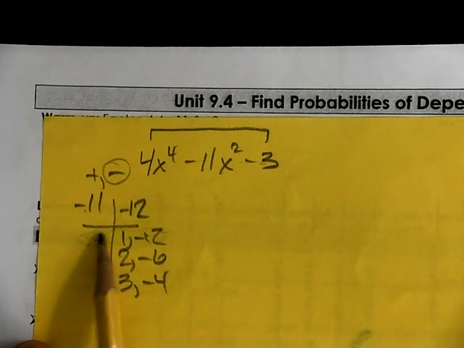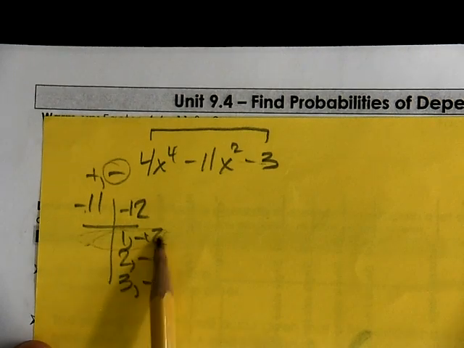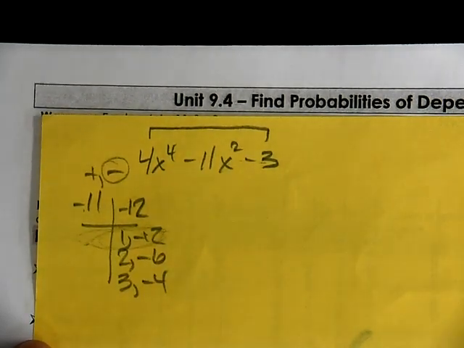So we're, of course, going to use this. Now we have to decide, are we going to use guess and check, or are we going to use factor by grouping?